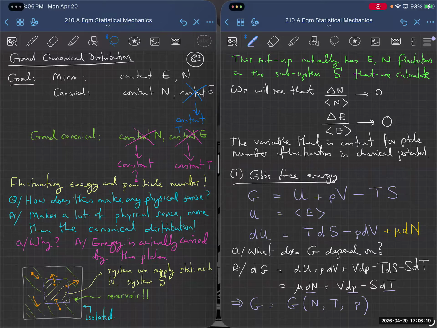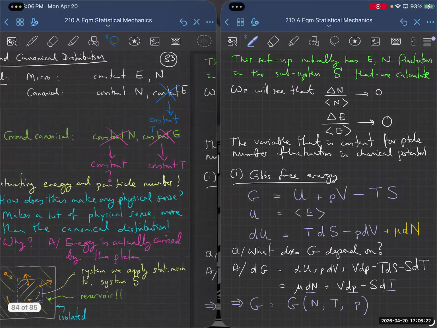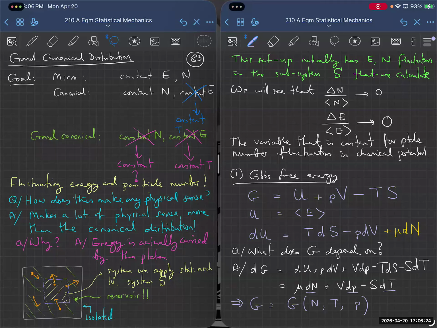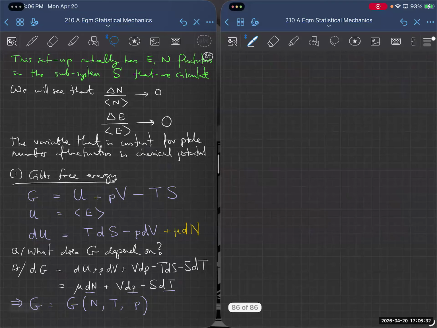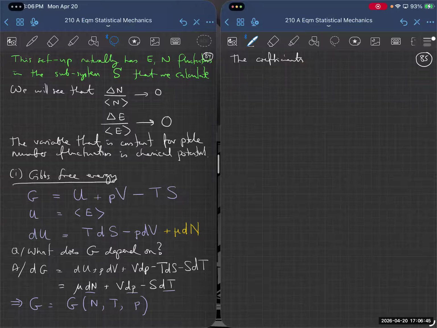So now we know that, and we can calculate what those derivatives are. The coefficients are then identified as: you can see that mu is equal to dG by dN at constant temperature and pressure.